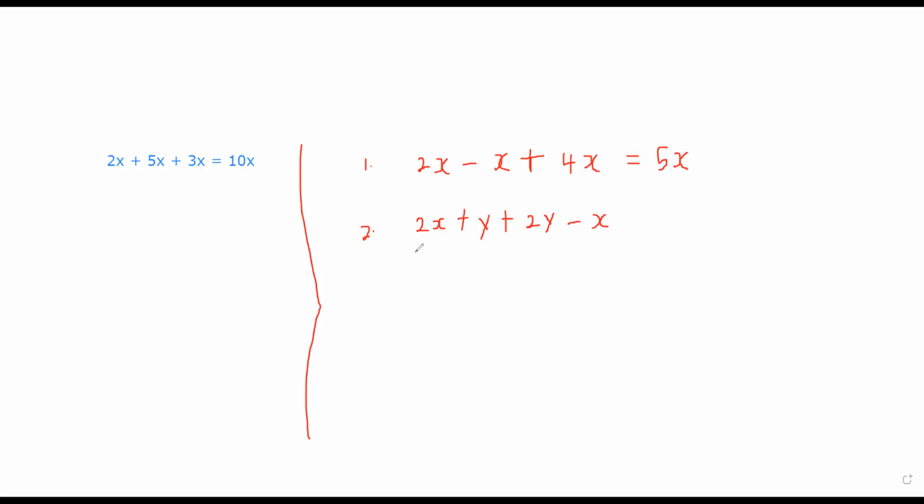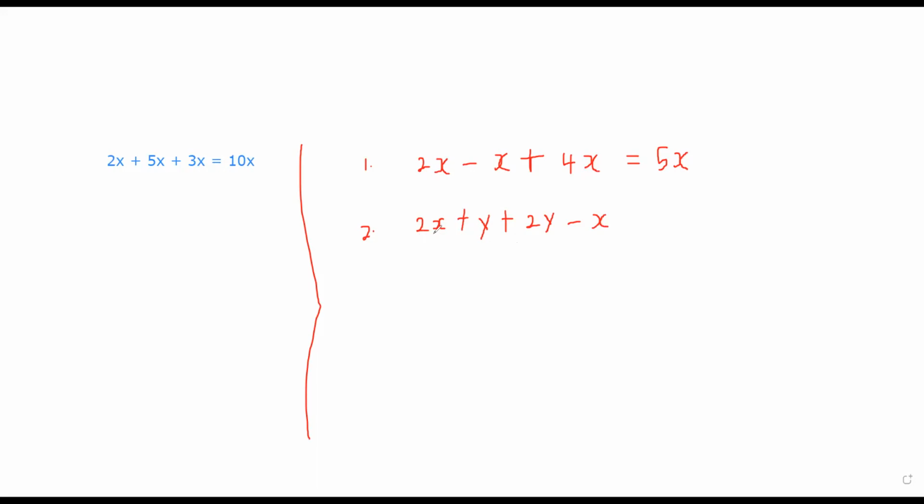We're dealing with two variables now, two different variables. Right, the first thing you need to do is to group them, right? To group them up. So you put the x together and put the y together. If you notice, the y are already there together.